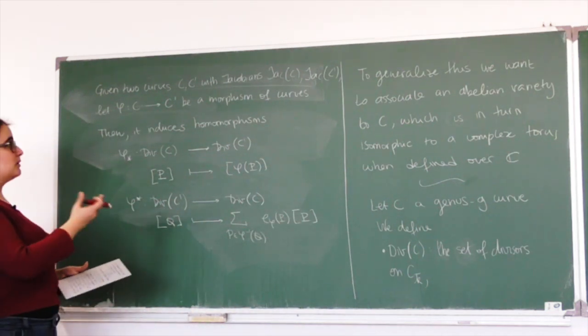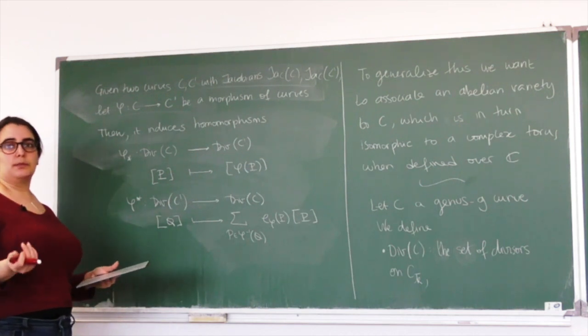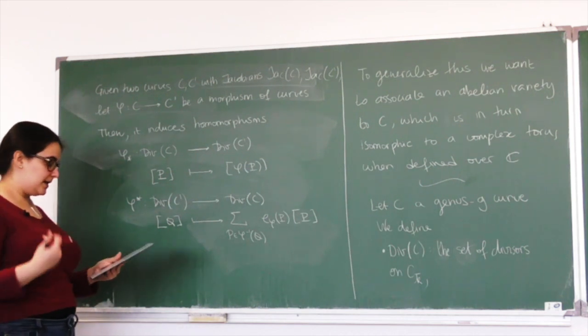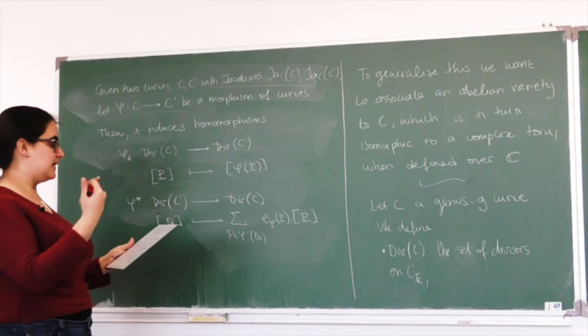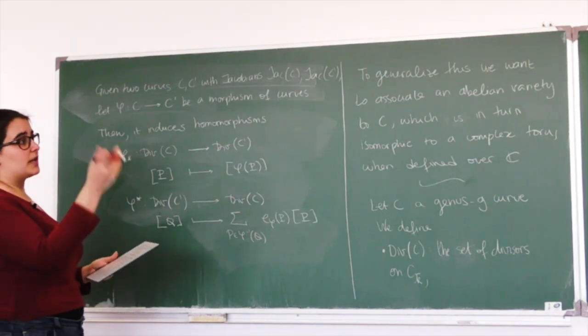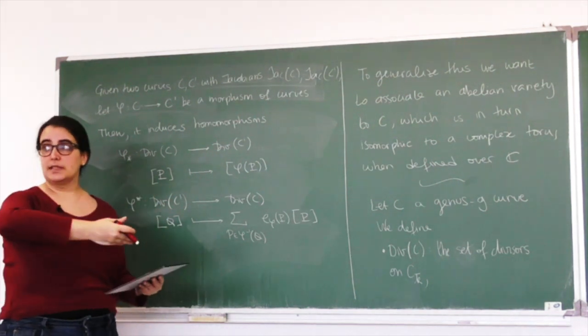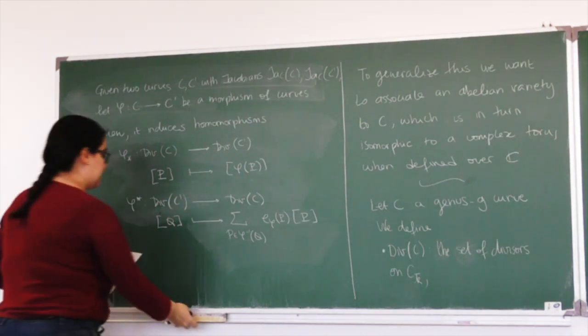The interesting thing about these two homomorphisms is that they map degree 0 divisors to degree 0 divisors and principal divisors to principal divisors, so we can actually consider them directly over Pic 0. Let me write that.